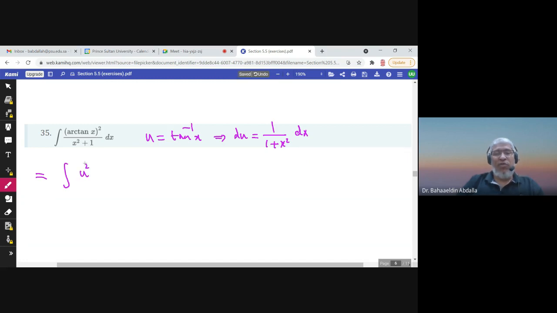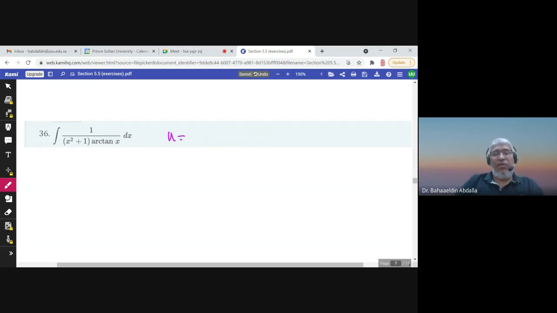So I have u squared, and 1 over x squared plus 1 dx is just du. The integral is u cubed over 3 plus c, and it would be 1 over 3 tan inverse x to the power 3 plus c.